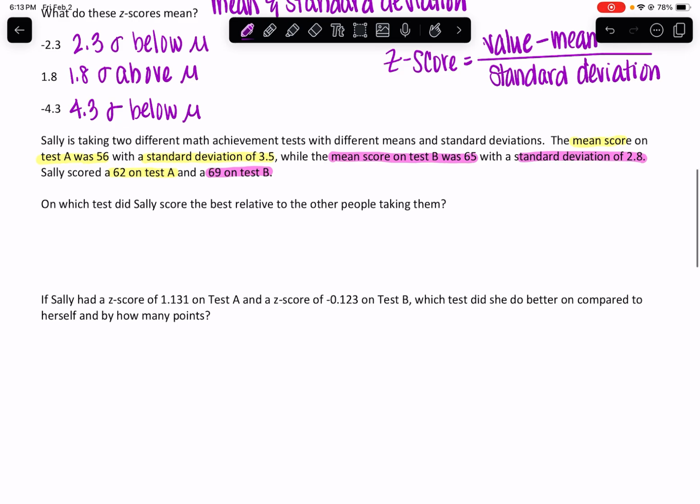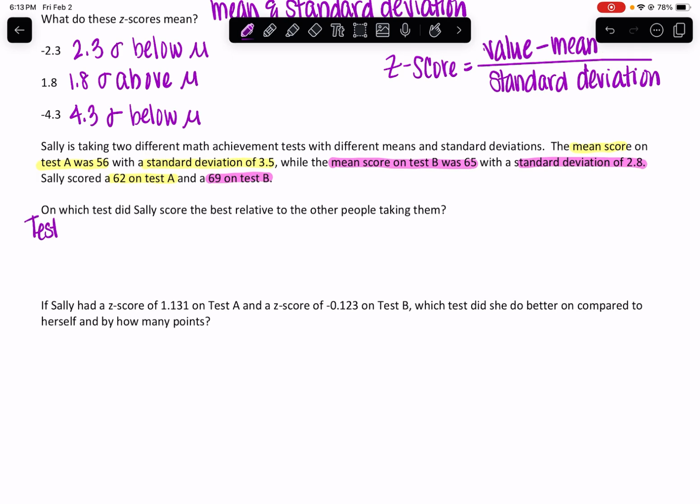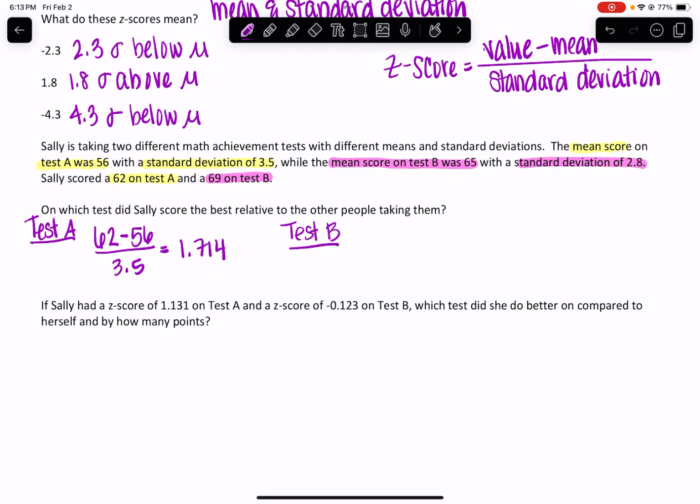Okay, so we have to do both. So we're going to do test A. She got a 62 and the mean was a 56. Divide that by 3.5, put that in your calculator, and you get 1.714. And then test B, she got a 69 on it. The mean was a 65, and the standard deviation was a 2.8.